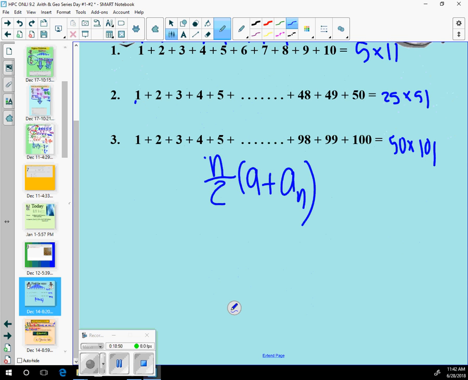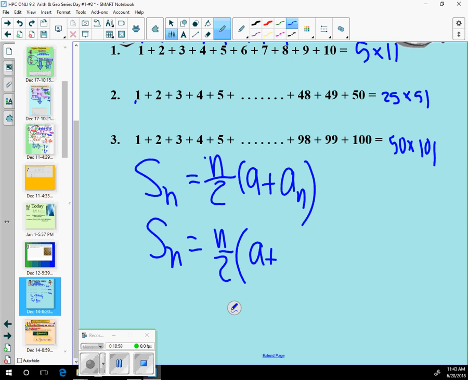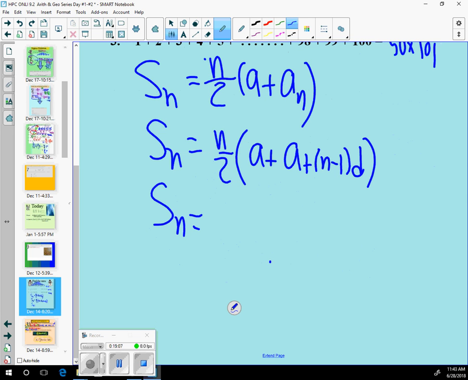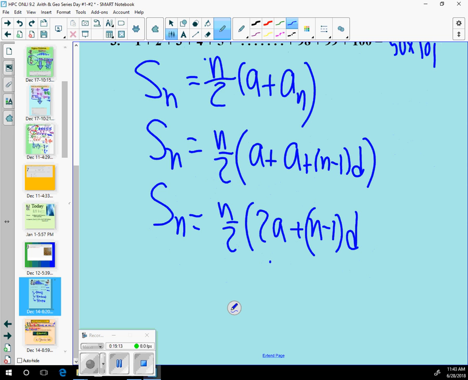Well, look at this. If you're looking for the sum formula, you got it here. You have a plus a plus n minus 1 times d. How many of those a's do you have? I have 2 a's and n minus 1 times d.